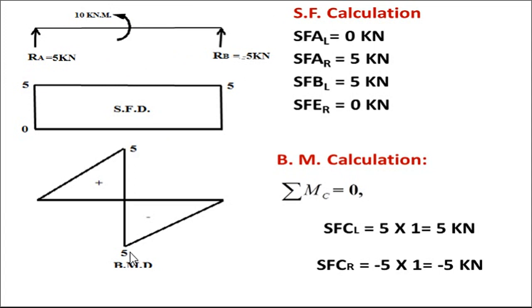We will reach this particular point. And as you know that in SFD it is a horizontal line, so in BMD it must be a first degree, inclined line. We should join these points with the inclined line. So in this way you have to draw SFD and BMD for a moment.